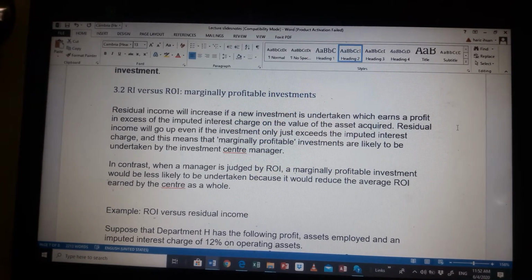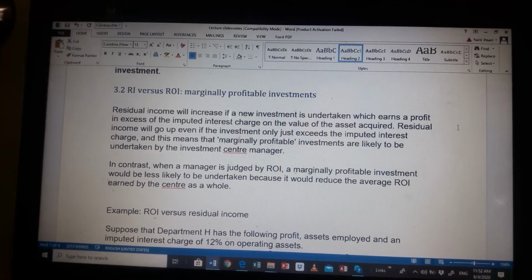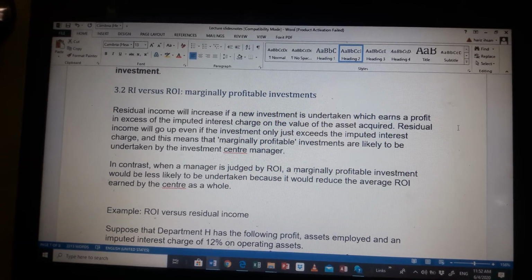However, if we were to base it on ROI, when the manager is judged through ROI, they will most probably not take a higher profitable investment simply because it will decrease the ROI significantly.